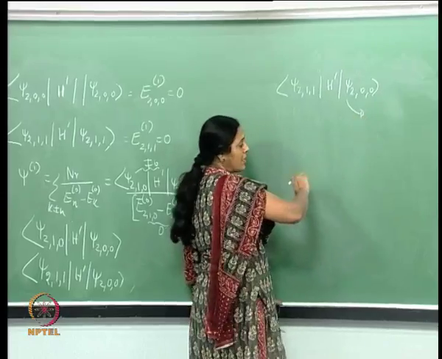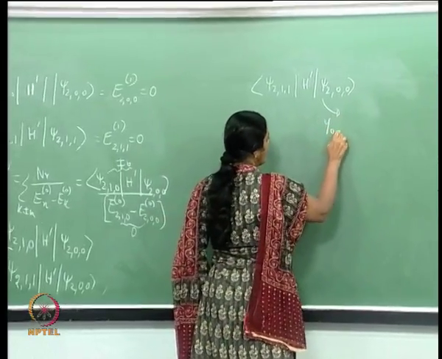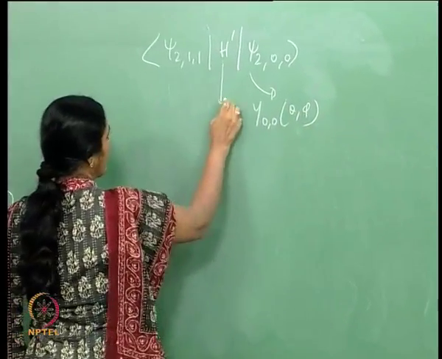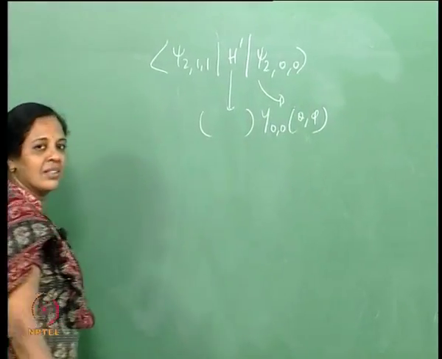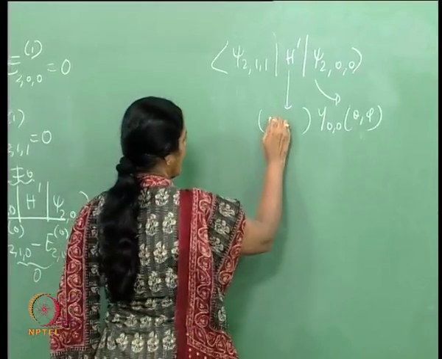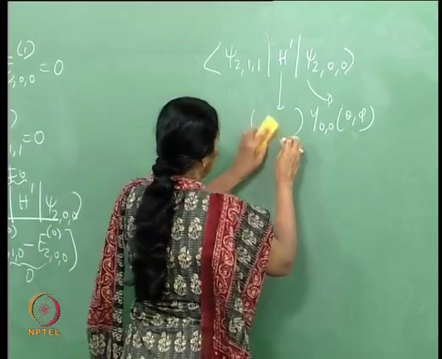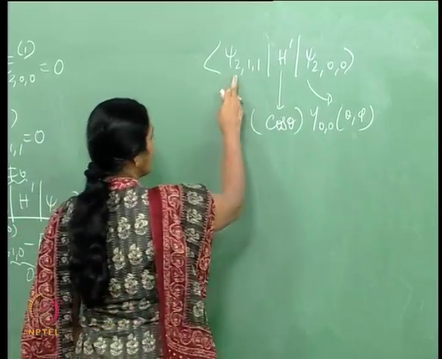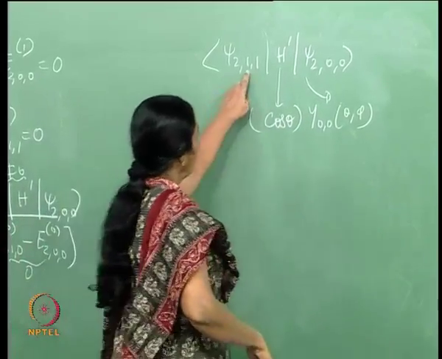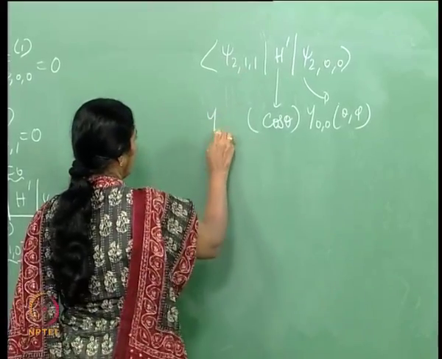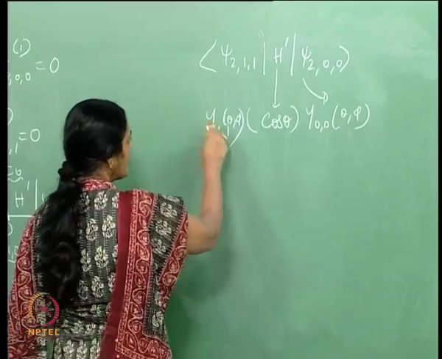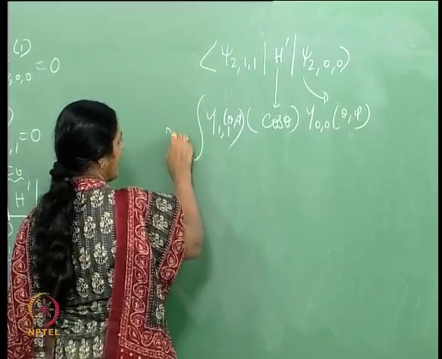Look at the angular part of the wave function. This is Y 0 0 of theta phi. This H prime contributes just z, which is cos theta, and psi 2 1 1 has a Y 1 1 of theta phi, and this object has to be integrated.